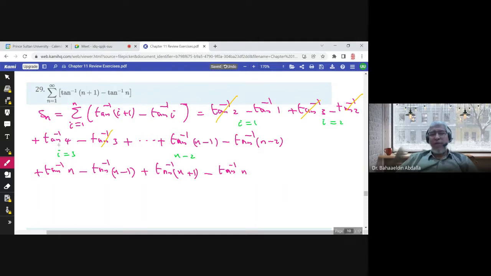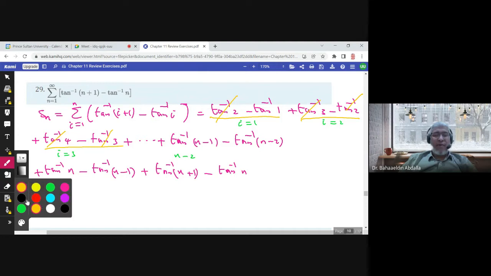The next one would be tan inverse 5 minus tan inverse 4, so the first term would be cancelled with this one. So always the first term is cancelled with the second term, starting from here. But this one is not cancelled. So at the end, I'll have negative tan inverse 1. It would be there.